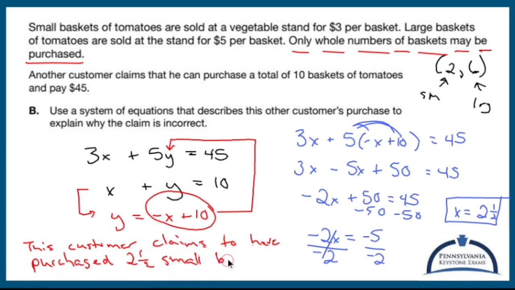Since I'm running out of room, I'll explain the rest without writing it down. But you can't buy 2.5 small baskets because you can only buy whole numbers of baskets.